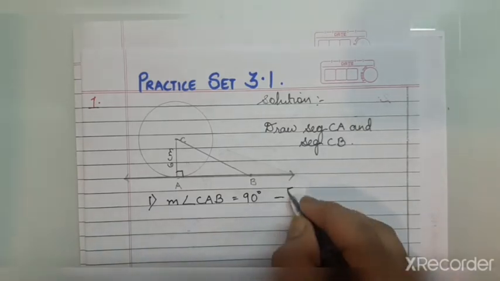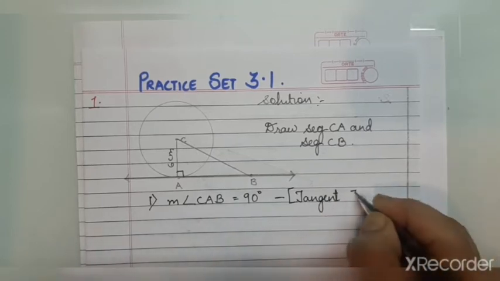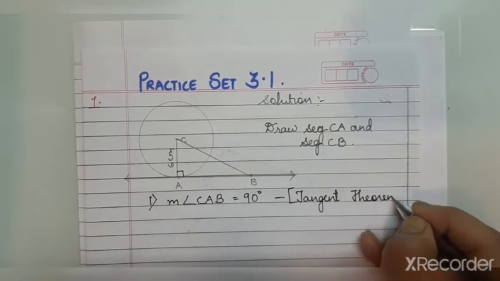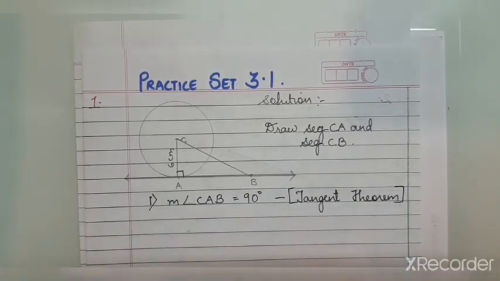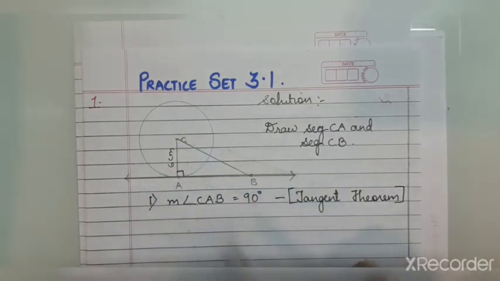There is a simple reason, that is tangent theorem. No need to write the statement, just write the name of the theorem, tangent theorem. What does the tangent theorem say? That the radius and the tangent are perpendicular to each other.